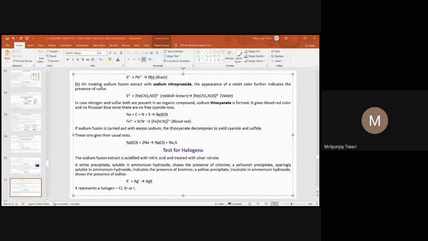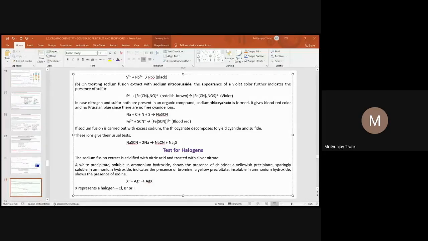If the compound contains halogens, sodium halides will form, where the halide may be chlorine, bromine, or iodine. We form enough sodium fusion extract, take a small amount for each test, and perform all these tests to confirm which heteroatoms are in the compound.